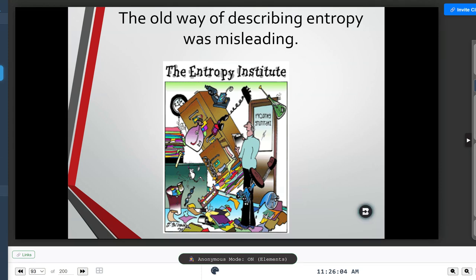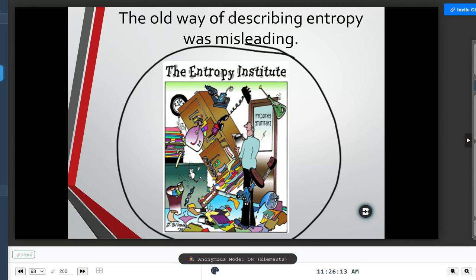Now, I don't really like this idea that is displayed by this comic of entropy. It was what I learned when I was going through school, that entropy is like the chaos of a system, and so if you have less order, you're going to have higher entropy. But one of the reasons that I don't like an arrangement like this is because, if you think about all the objects that are in this room, these objects are not really dispersing their energy any more than when those objects are organized.